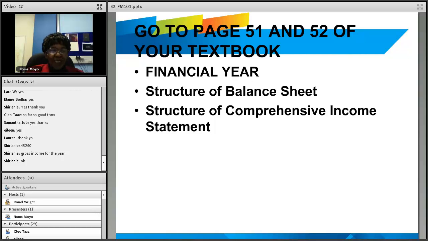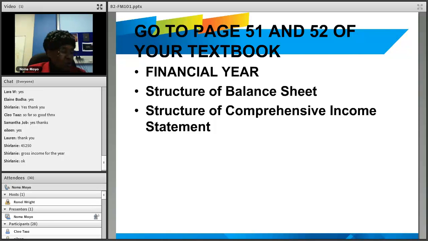Then less cost of sales. If I go to China City and spend 200 rands on transport and 1,000 rands on goods, the cost of the goods will be 1,200. When I decide to sell them, I might sell them for 2,000. That's what is called sales. Cost of sales is how much I have incurred to get the goods to where they are and to buy them.